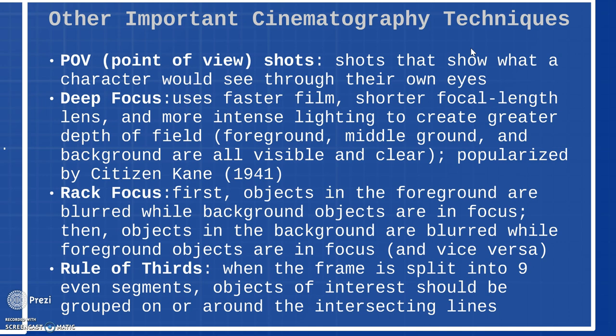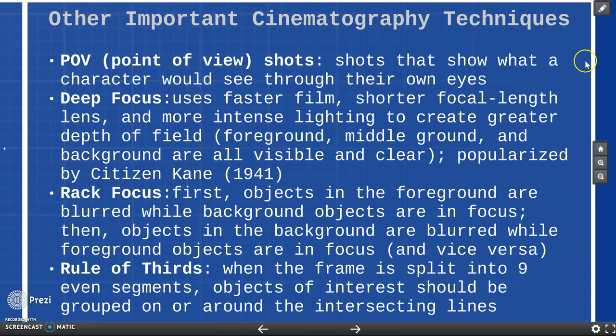Another important piece of cinematography that again relates back a bit to visual design is called the rule of thirds. Now, the rule of thirds is specifically about how the images on the screen are composed and framed. So if you take the frame, right, the rectangle of the screen, and you split it into 9 even segments using 2 vertical lines like this and 2 horizontal lines like this, you're going to end up with 4 intersections.